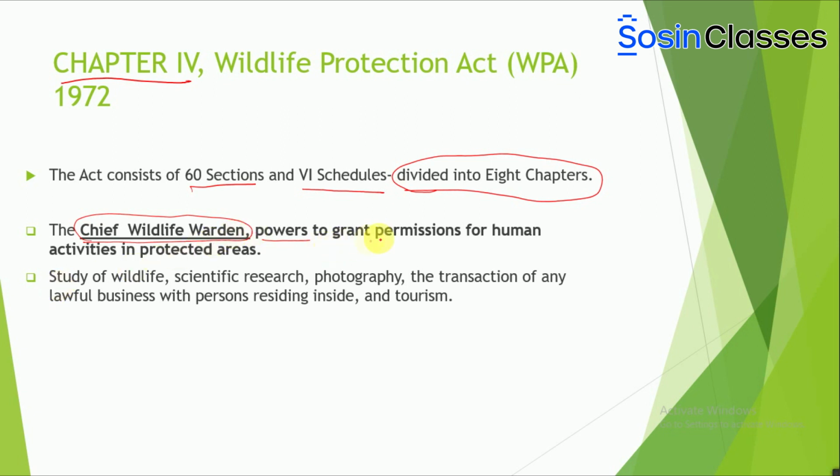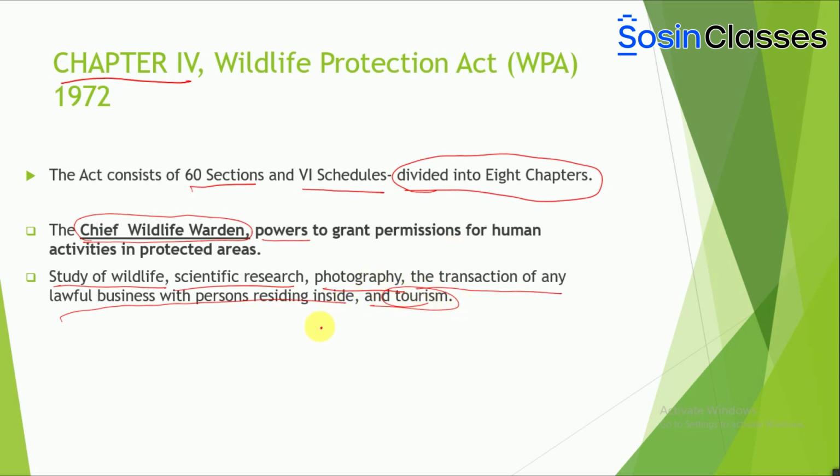And what kind of permissions are given? First, study of wildlife, scientific research, photography, the transaction of any lawful business with persons residing inside, and tourism.